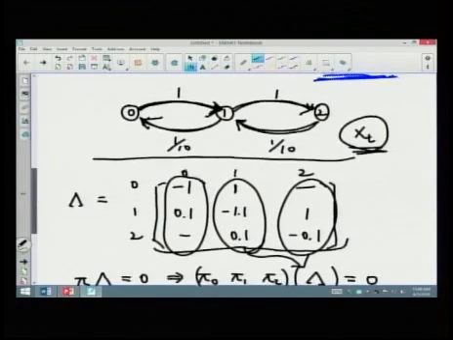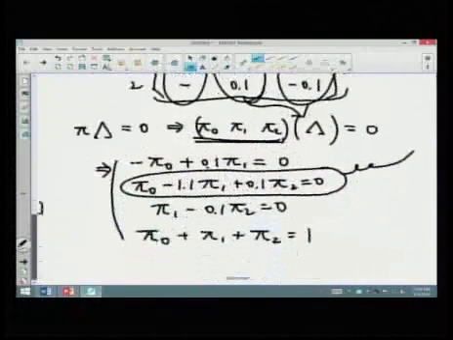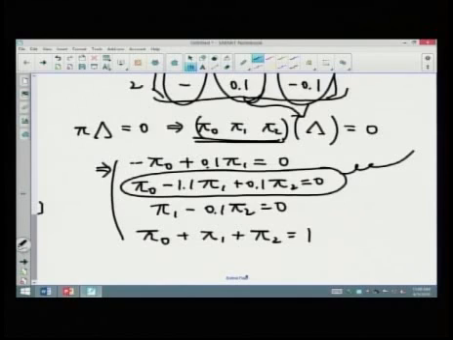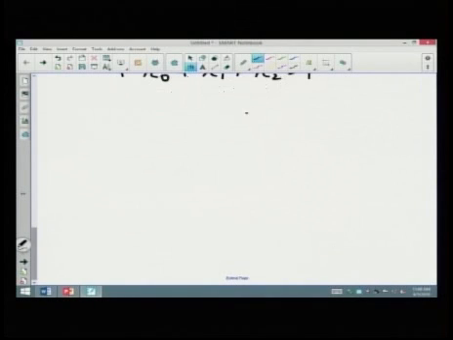So let's also do that. Here, let me redraw the transition diagram. 0, 1, 2.